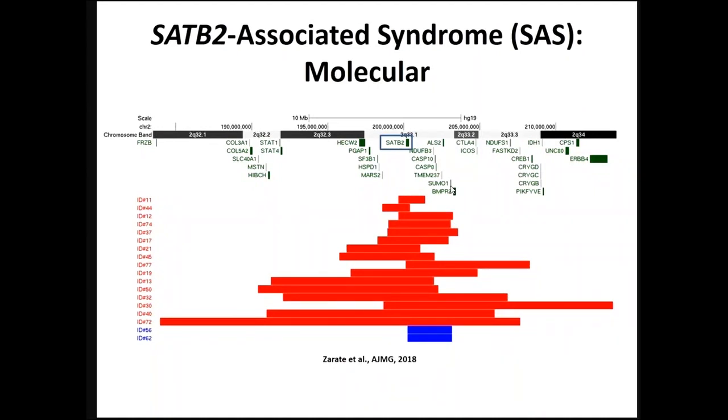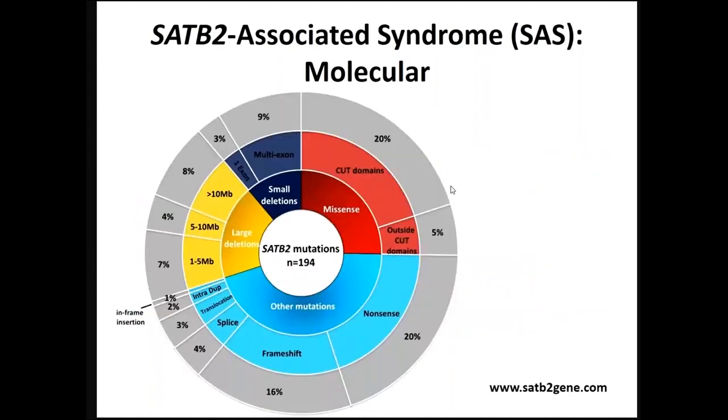So I've done the work of collecting all this information, and this same graphic is actually on the SATB2gene.com website. So you can compile it all and break it down into the most common ways that you can get it.